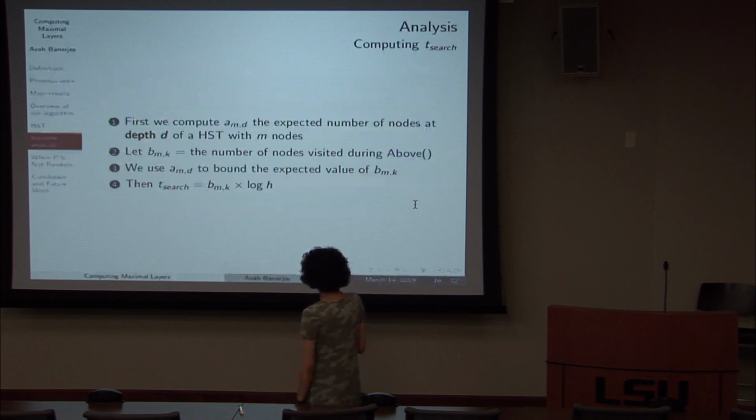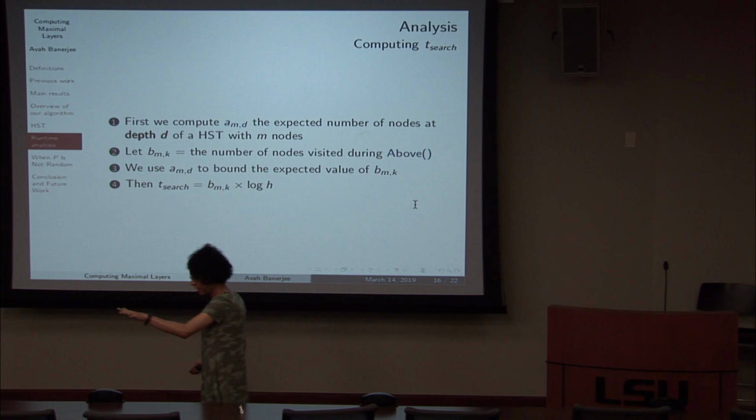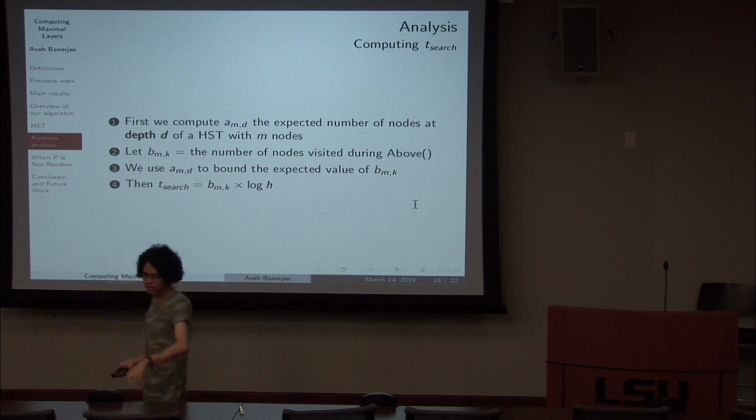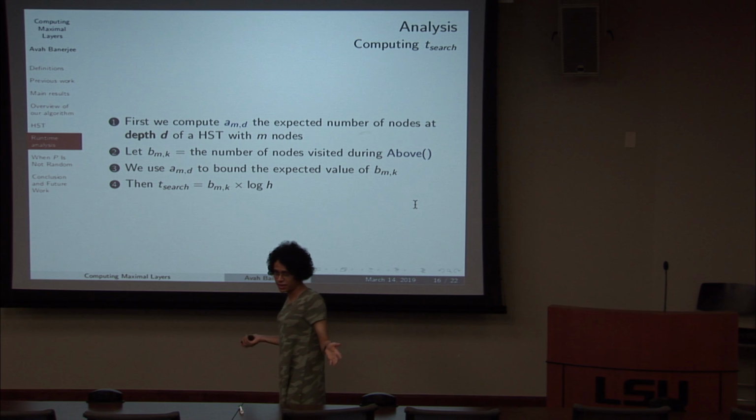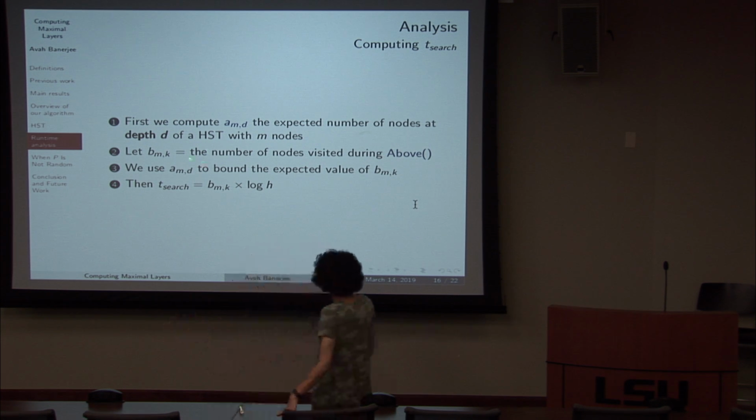So the way we do it is this. First, we compute the expected number of nodes at depth D of an HST. So remember, these points are coming from a random order. So the expectation of the number of nodes at depth D comes from that distribution. BMK is the number of nodes visited during the above.